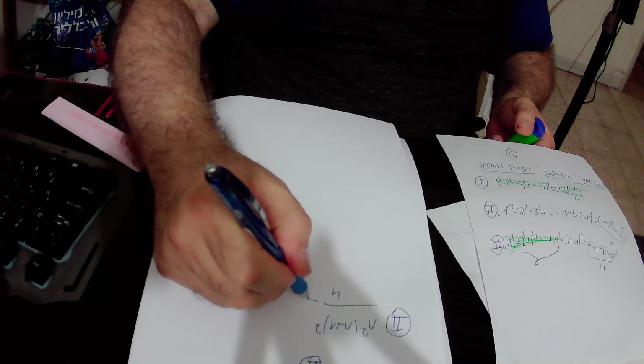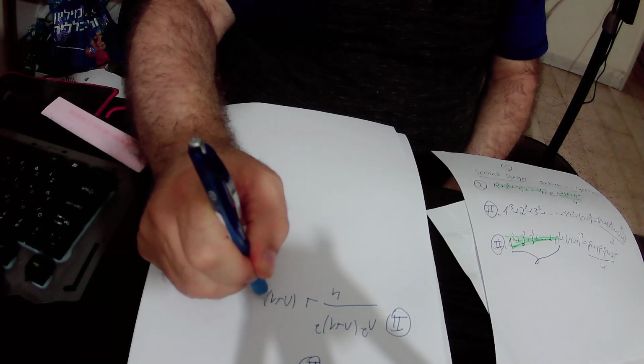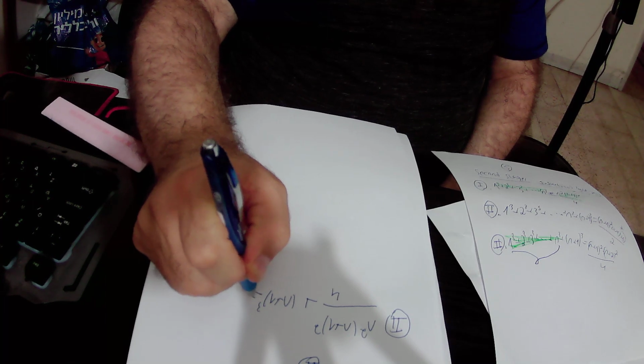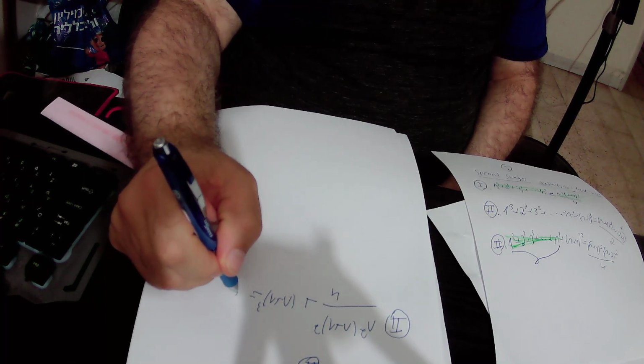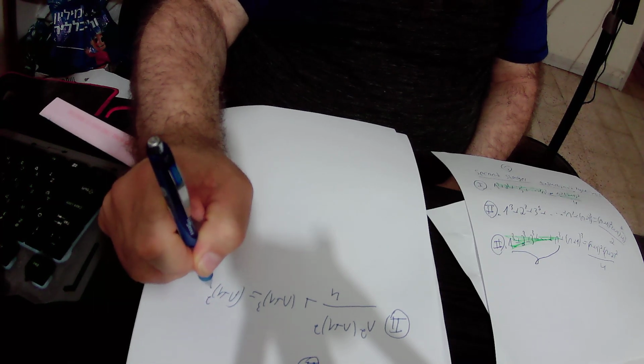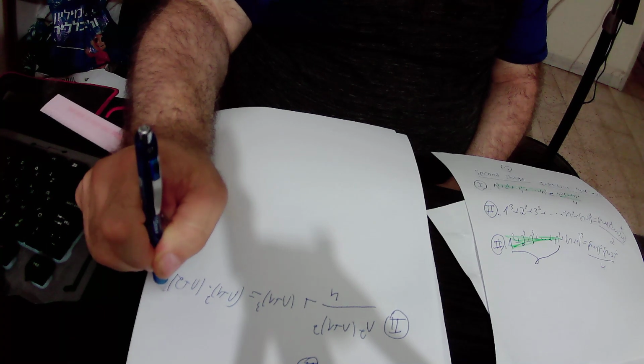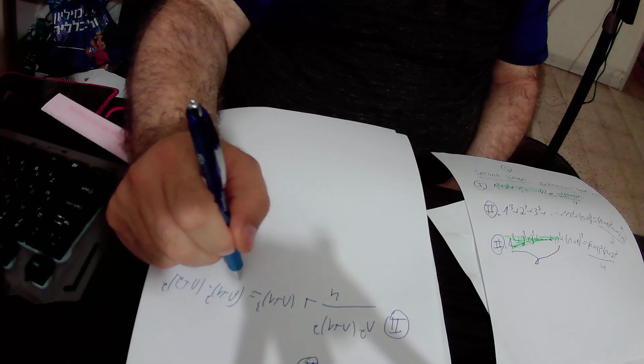Okay, plus n plus 1 to the power of 3 equals to n plus 1 square times n plus 2 square all divided by 4.